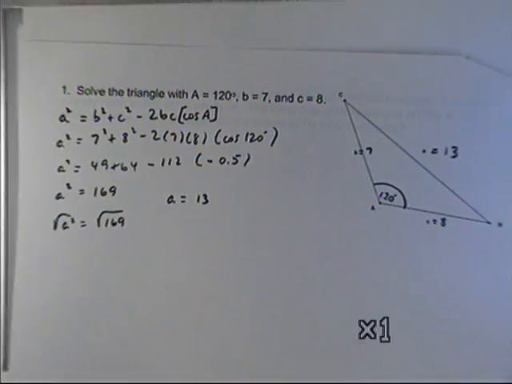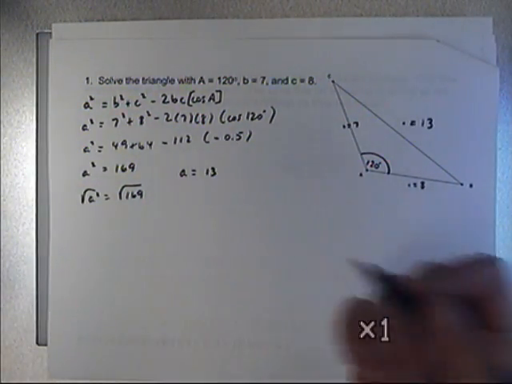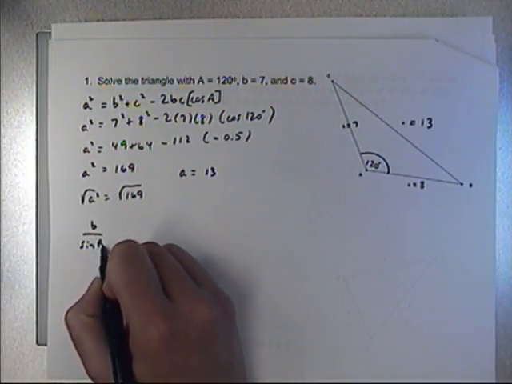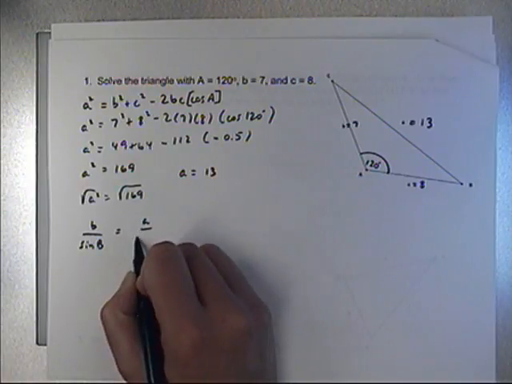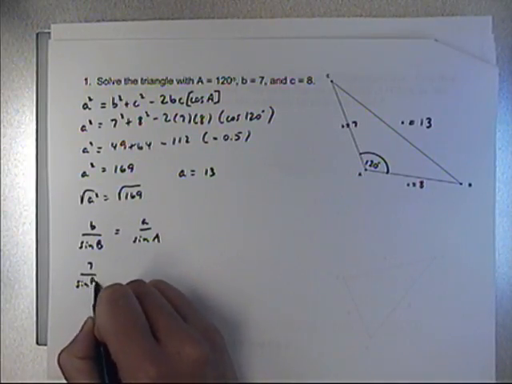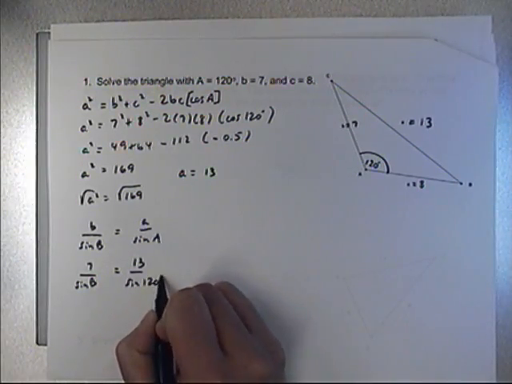Now the rest of this triangle can be solved by using the old law of sines. So, for example, I can simply say that B over sine B equals A over sine A, which would be 7 over sine of B equals 13 over the sine of 120.